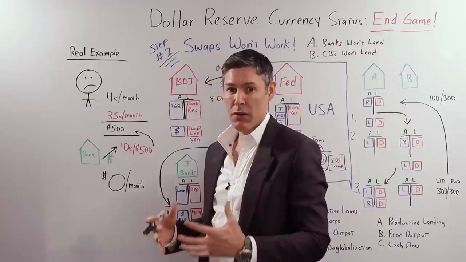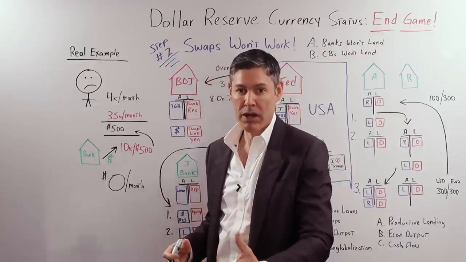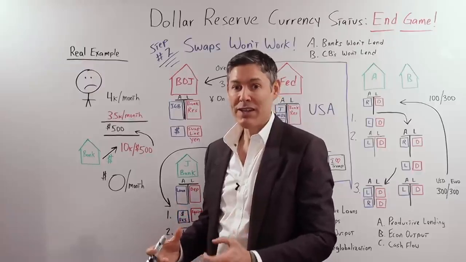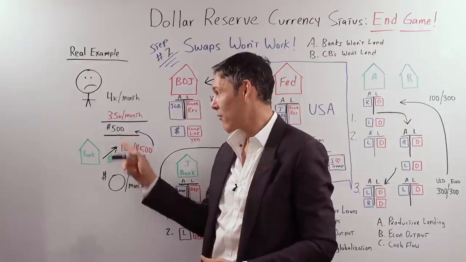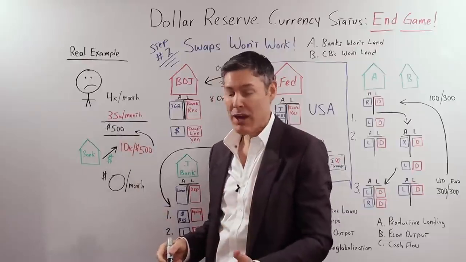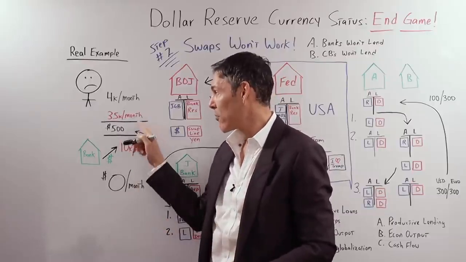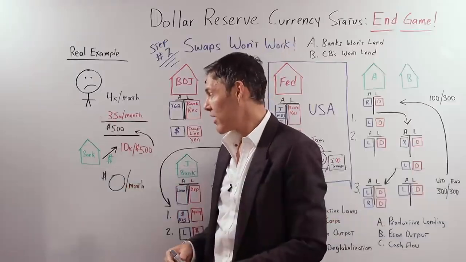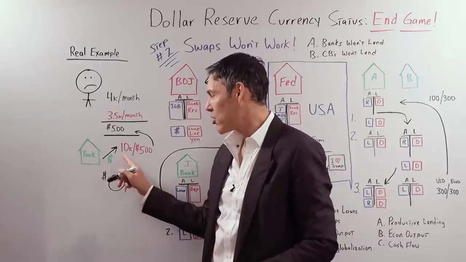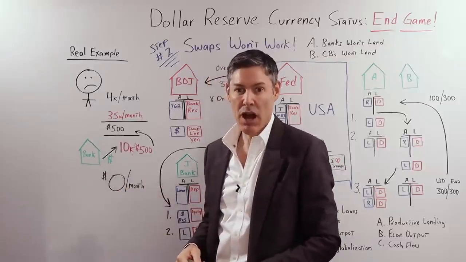So let's say you have an emergency. The hot water heater breaks or your car breaks down. It's a $1,000 expense. Where are you going to get it? You can't take it from the $500. That's your food and gas money. You've got to take it from the $3,500 payment you would have made. So let's say another bank comes in and says, okay, well, don't worry about that. We'll lend you another $10,000.